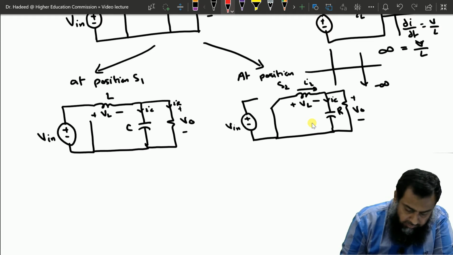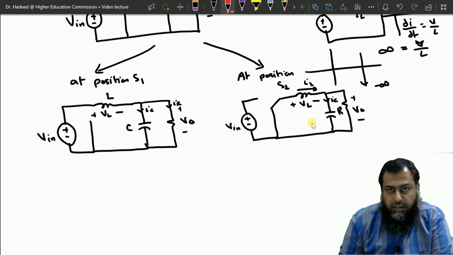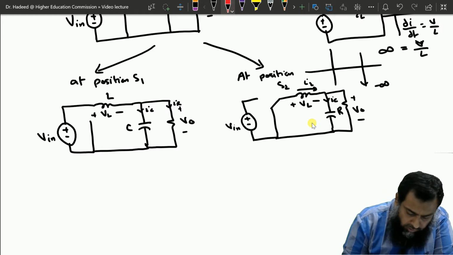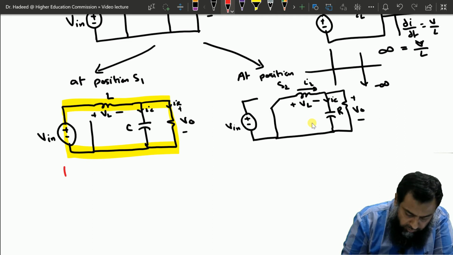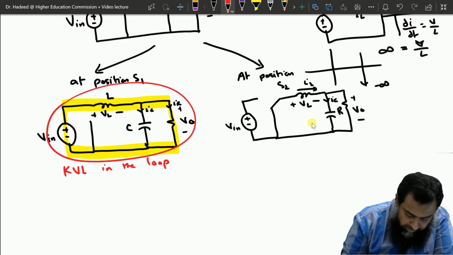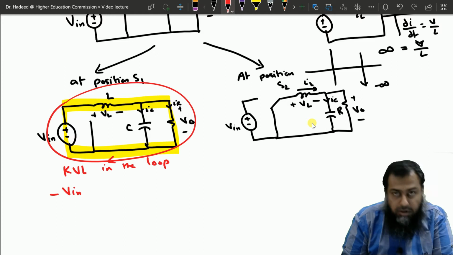So the point which is of our interest is to first of all find out the voltage across the inductance here. The voltage across the inductance can be found by applying Kirchhoff's voltage law in this closed loop. So if I apply Kirchhoff's voltage law in the closed loop, then, if this is the direction of the KVL, we have minus Vin, then it enters the positive terminal of this VL.